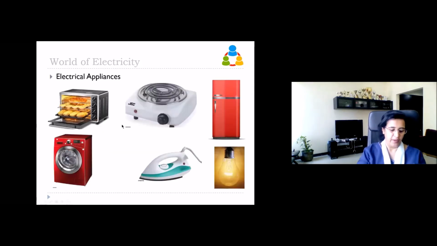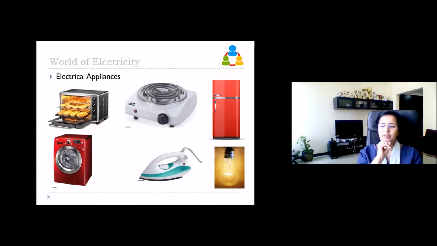Now, we learned about single phase, three phase, and also what is alternating current and DC current. Now, when an oven is plugged in, it becomes hot, right? The electricity is converted into heat energy.